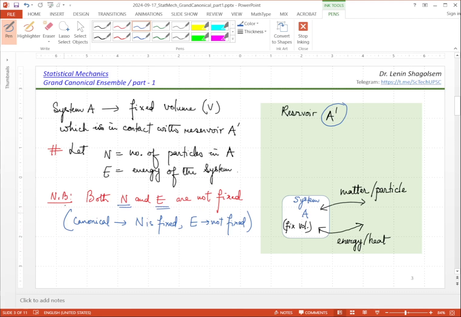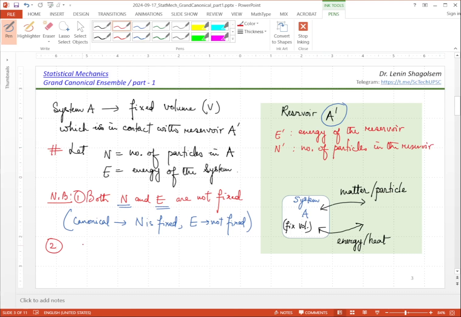Let E dash be the energy of the reservoir, and N dash be the number of particles in the reservoir.